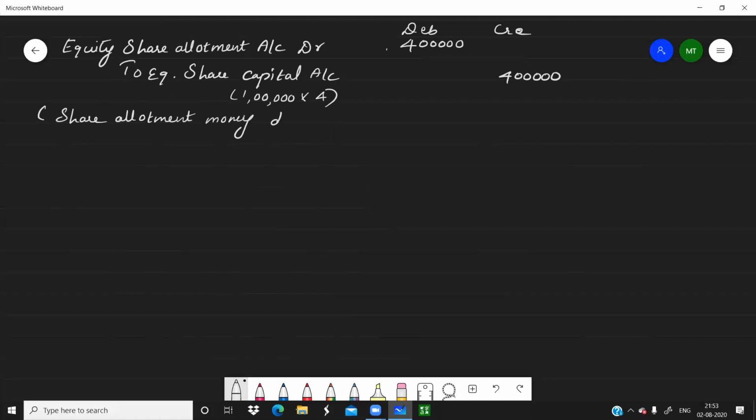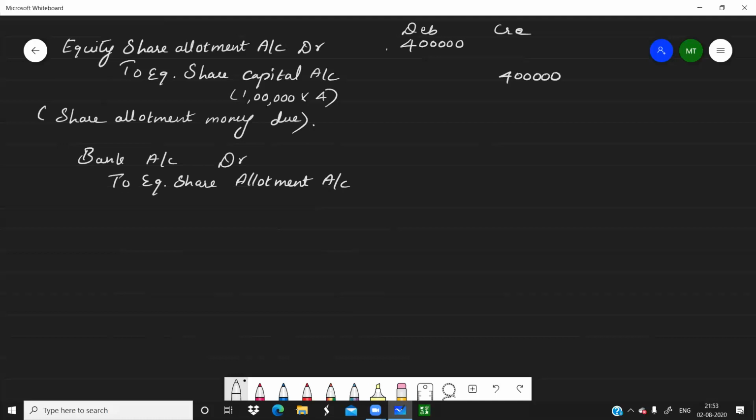Next one is bank account debit, to equity share allotment account, as usual, the same model. How will you calculate the equity share allotment amount? 4 lakh minus 1 lakh 5,000.